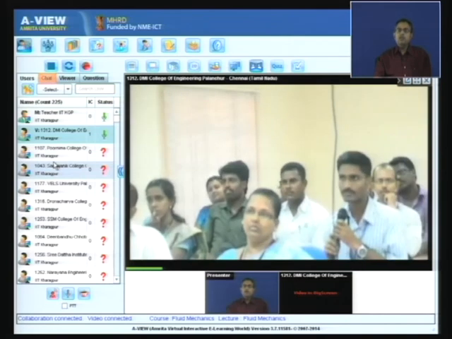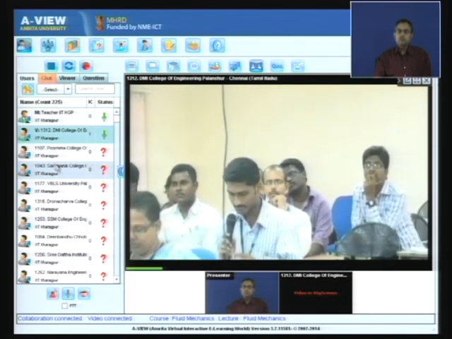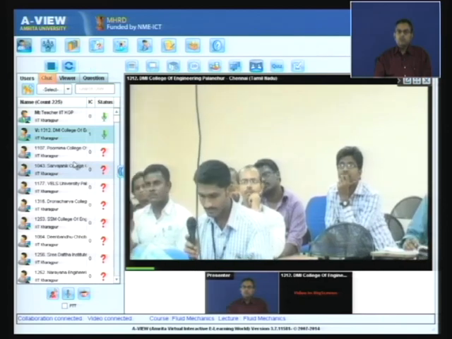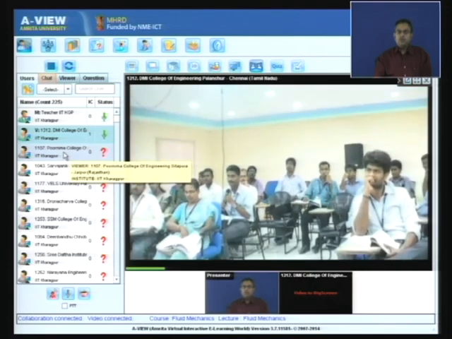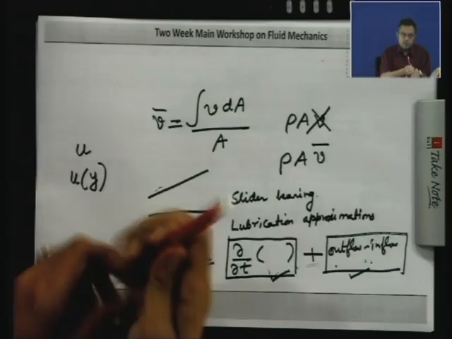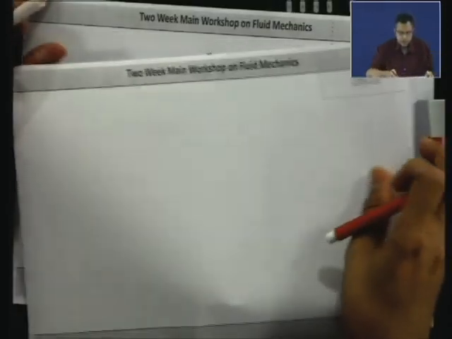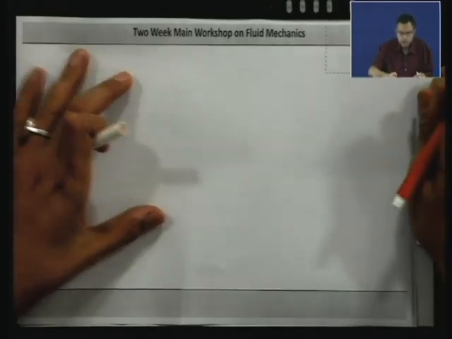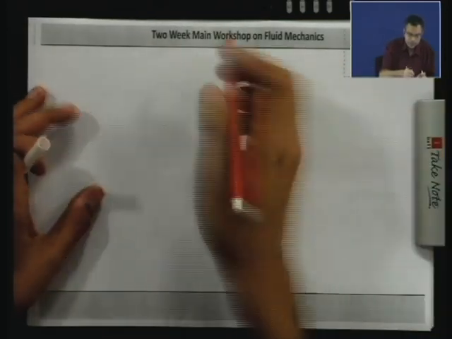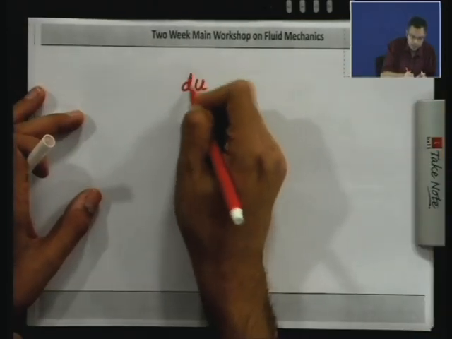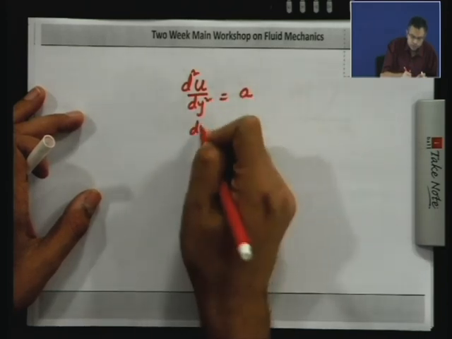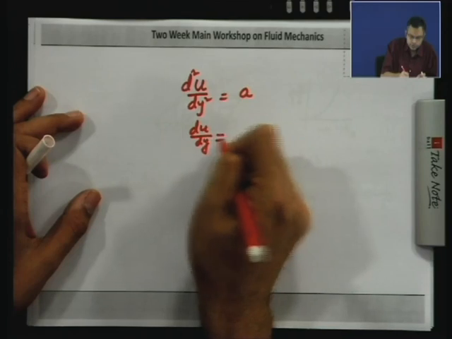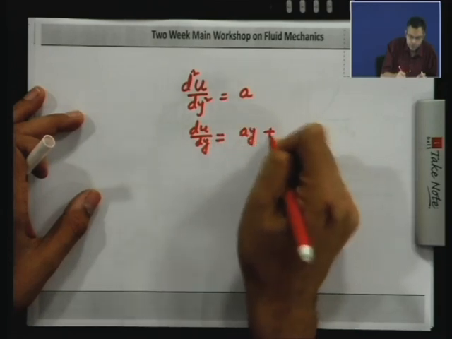Integral of y dy is y square by 2. See, let me write it like this. Whether it is 2 mu or mu, you check, but it is just a matter of this: d2u by dy2 is some a. So, du by dy is equal to ay plus c1.